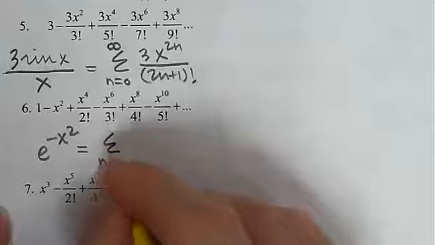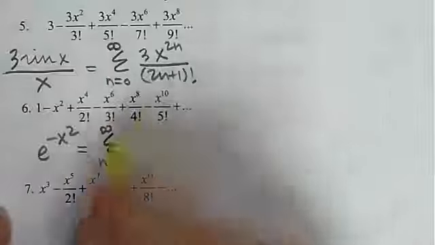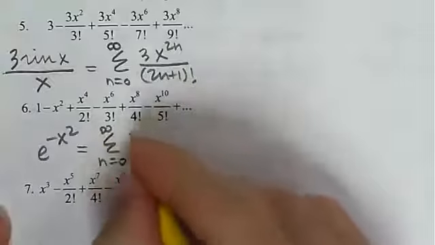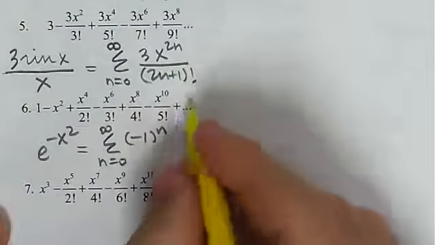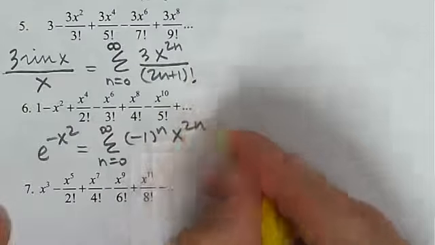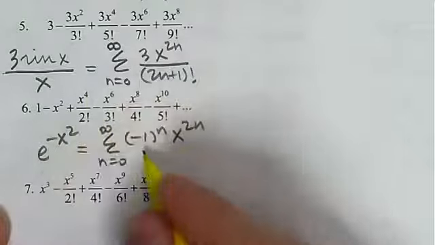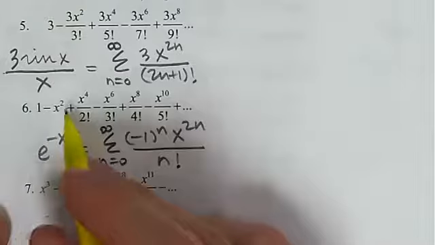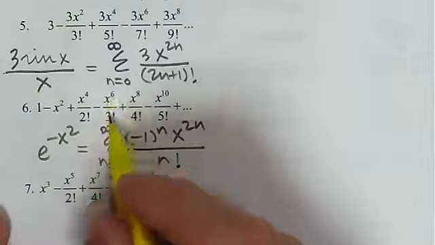So this is the sum as n runs from 0 up to infinity of, okay, well, it's alternating. It's x to the 2n divided by n factorial, right? Because the power is twice the factorial number.